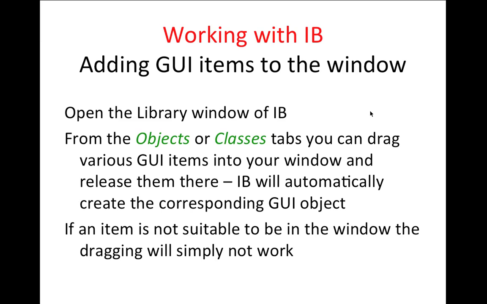If you try to drag an item from the library to the window and it's not supposed to be on that window, it's like a menu or something, or it's something that doesn't go that way, it just doesn't work. It just doesn't give you any message. Which, comparing it to the Android environment, Android actually just gives you a bunch of messages. It's like, does someone always want to tell you something's wrong?